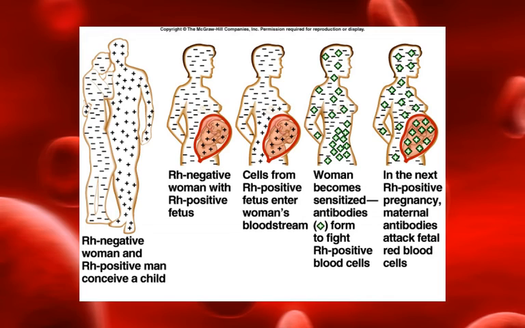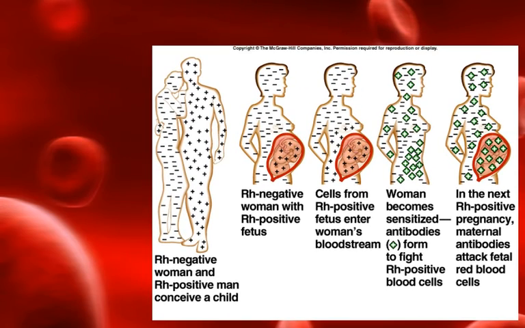Now this is an important trait to study, especially in childbirth, because it can cause some problems in dealing with childbirth. So in this diagram here, it shows you that you have a man that obviously has positive for the RH antigen, which means that he has it, and then you have a woman that is negative, and so it's quite possible that she could have a baby that is positive.